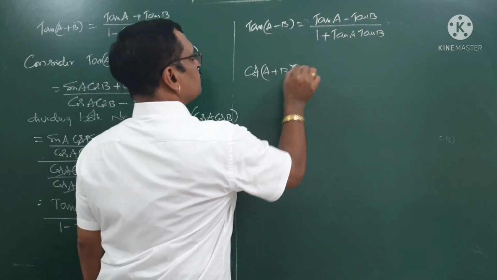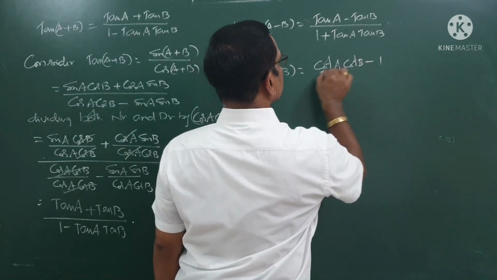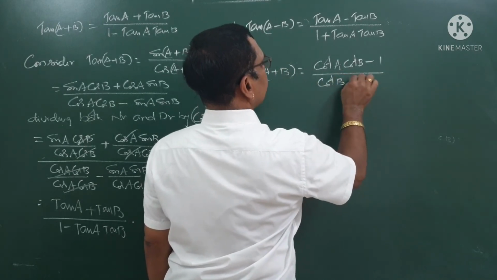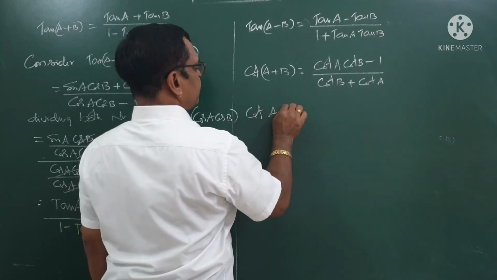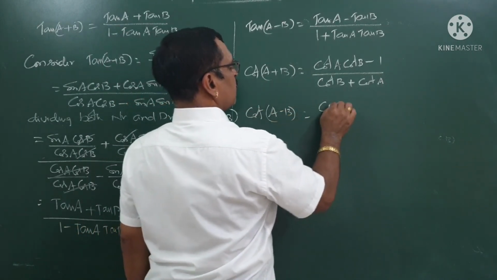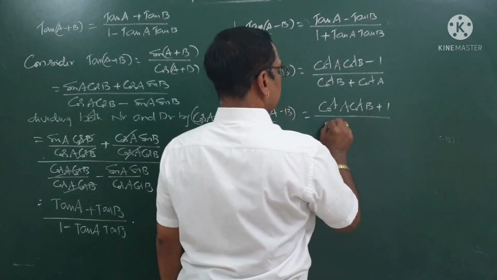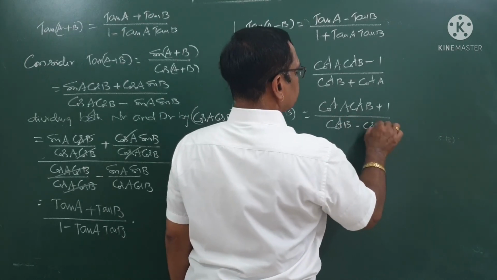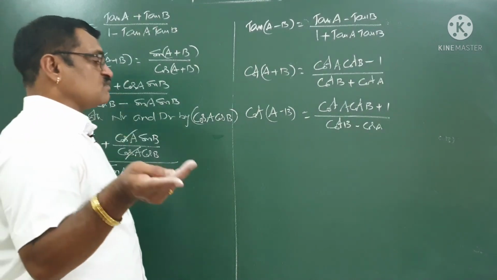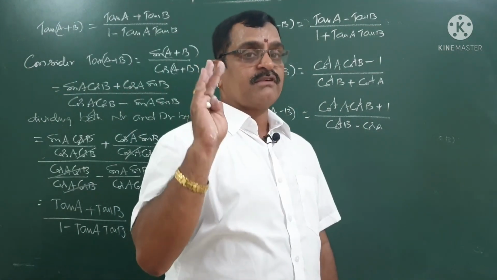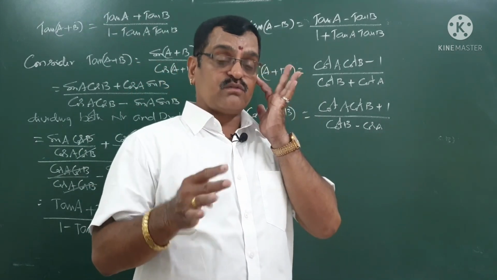Cot of A plus B is equal to cot A cot B minus 1 by cot B plus cot A. And finally, cot of A minus B is equal to cot A cot B plus 1 by cot B minus cot A. So we have formulas for sin, cos, tan and cot. Totally 8 formulas are there. Please try to memorize this.